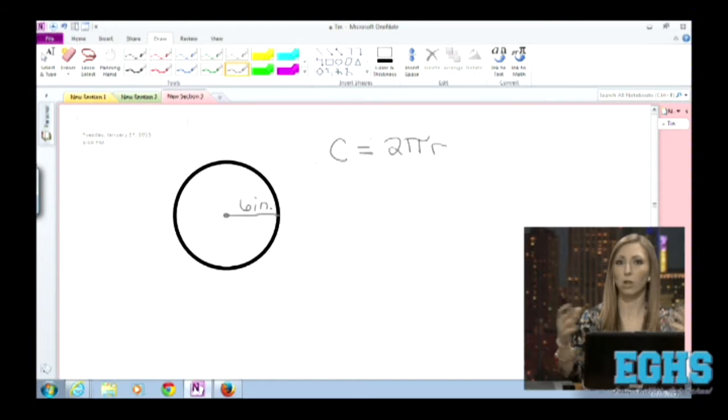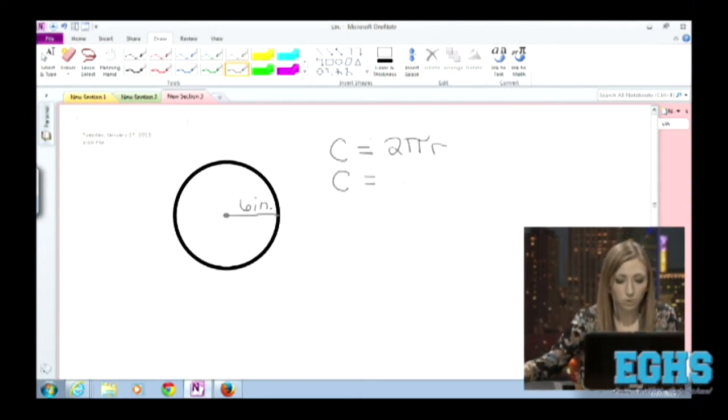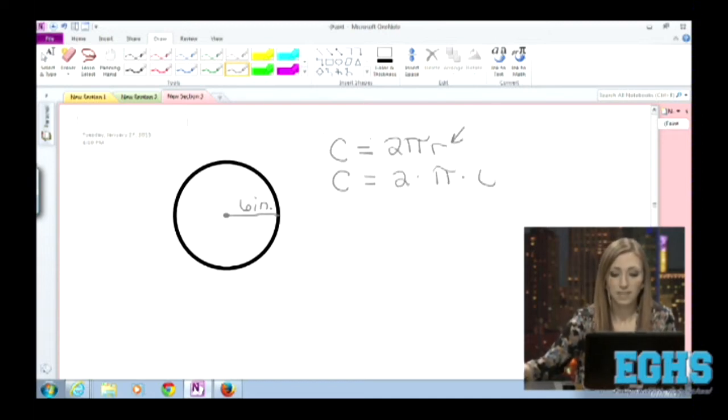It doesn't matter how large or small your circle is, if you take 2 times pi times the radius, it'll give you the circumference. So we'll just replace our r, or radius, with the value of the radius. So it'd be 2 times pi times 6.